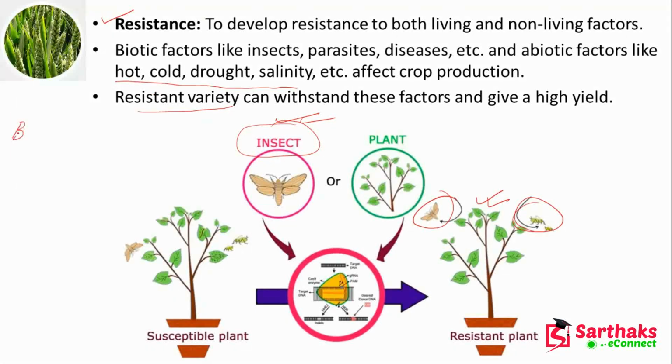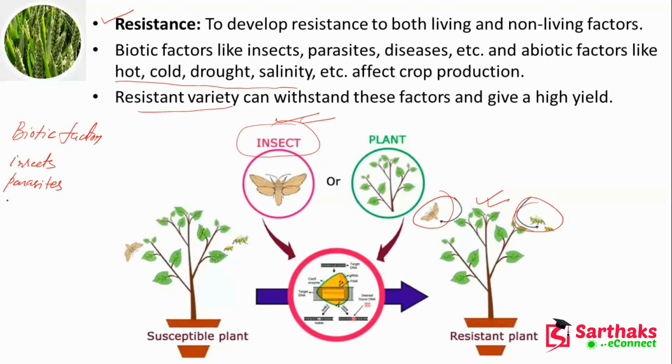Before that, we have described in one slide the biotic factors, where we have insects, parasites, because whenever you take 3 to 4 months to grow some plant, you can see the parasites also. Insects also can affect your crop, and there will be some disease, and they can eat the leaves also.